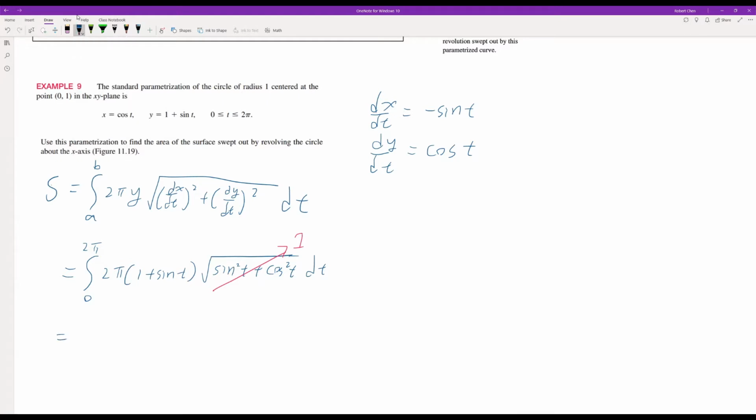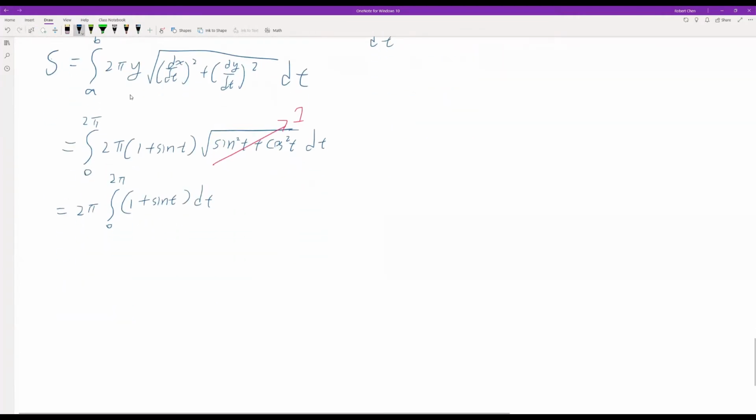So let's see what we have here. Essentially, we are doing 2 pi and then integrating 1 plus sine t from 0 to 2 pi, and that will be equal to 2 pi times t minus cosine t going from 0 to 2 pi.